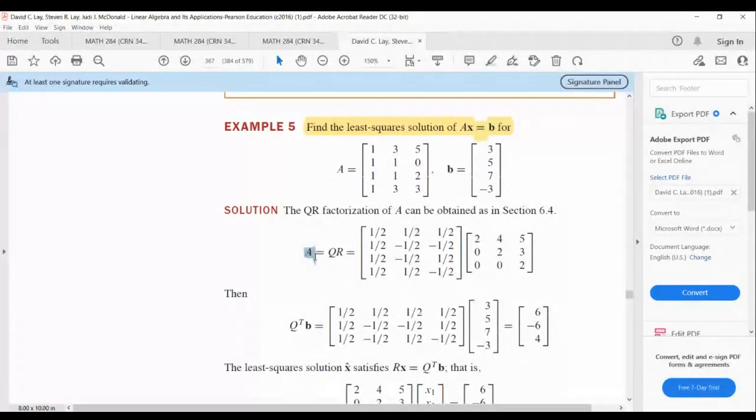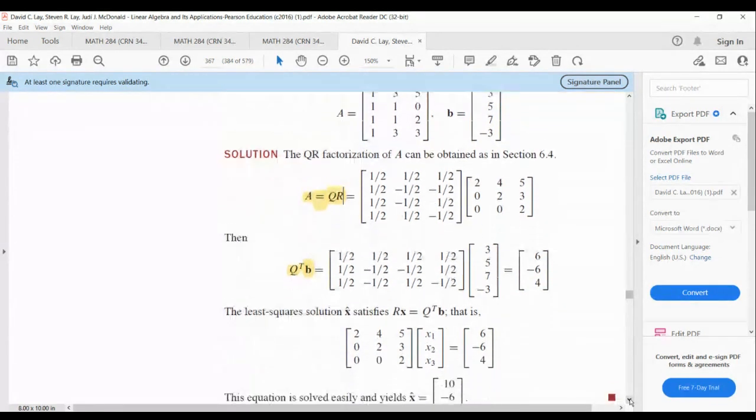And they do the QR factorization of the matrix A. That would require using the Gram-Schmidt process for the 3 column vectors of the matrix A. And then Q transpose times B here is equal to 6, negative 6, 4.